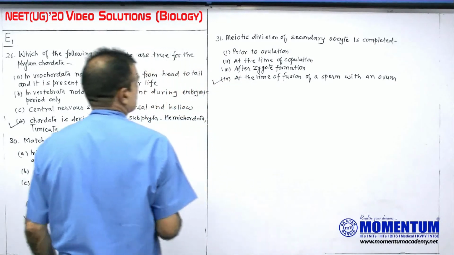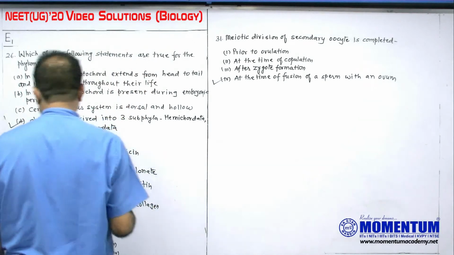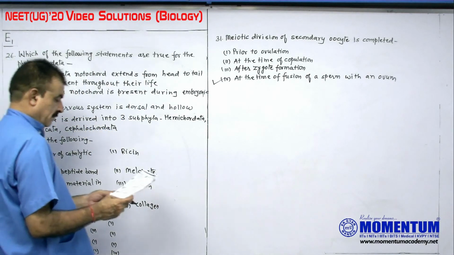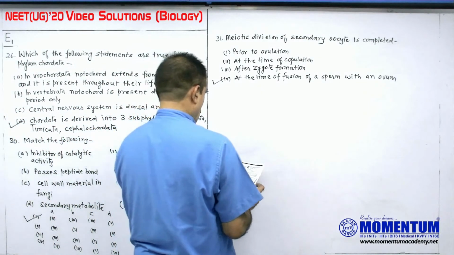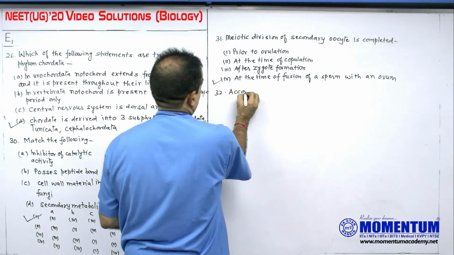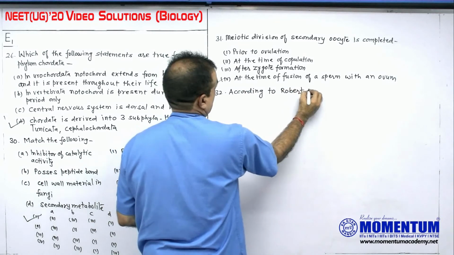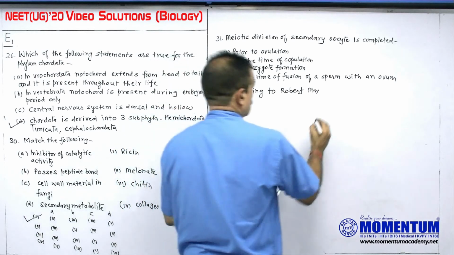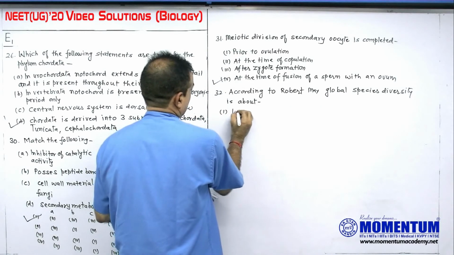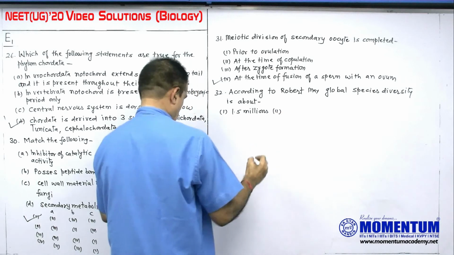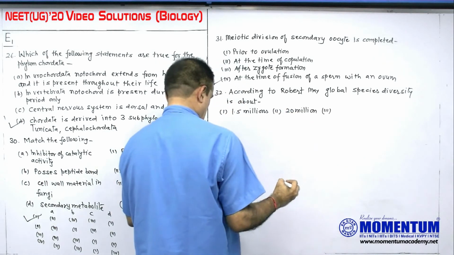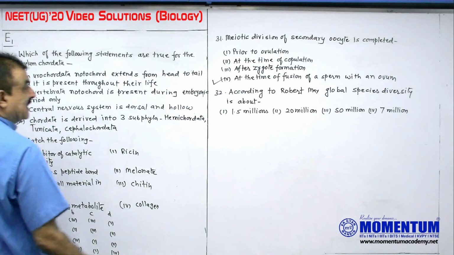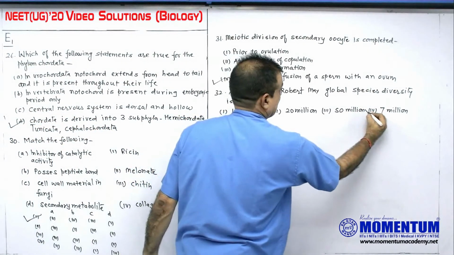You know that the second polar body separates. Now 32, according to Robert May, the global species diversity is about 1.5 million, 20 million, 50 million, or 7 million.